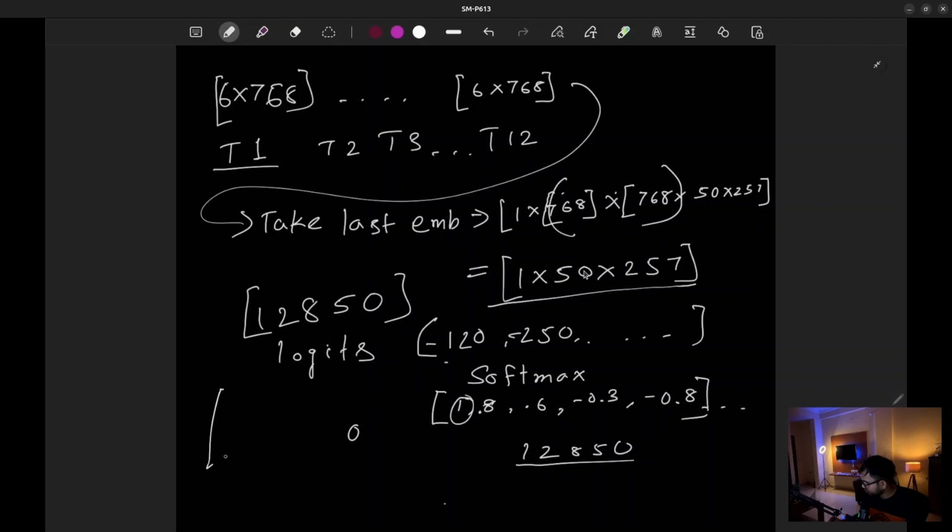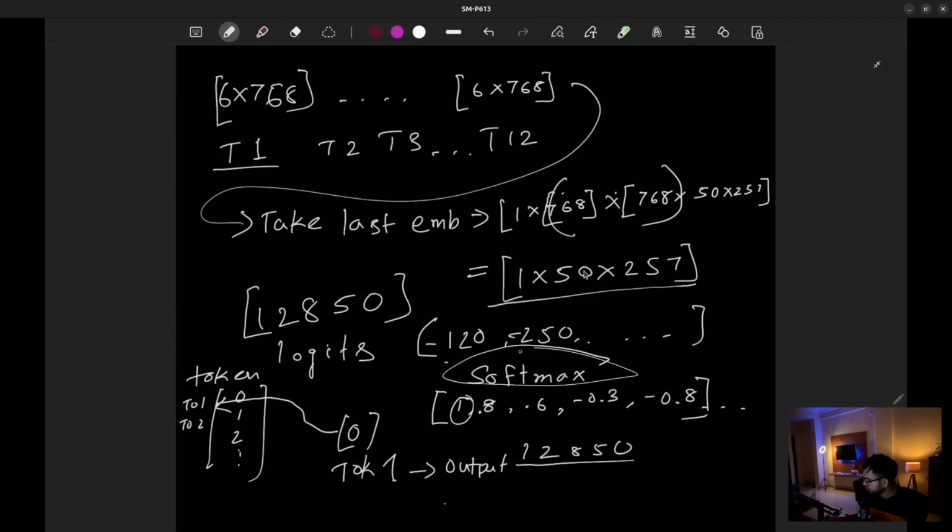We will have a token chart where each token has an index 0, 1, 2, and so on. If we get the index as 0, then we will take token 1, and that will go to the output. That will be our output.